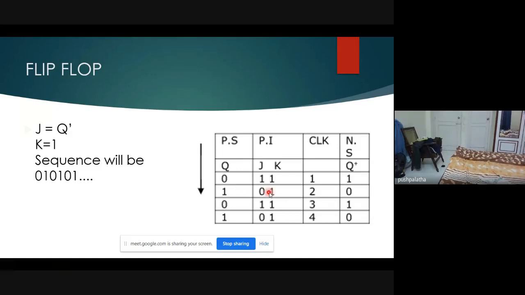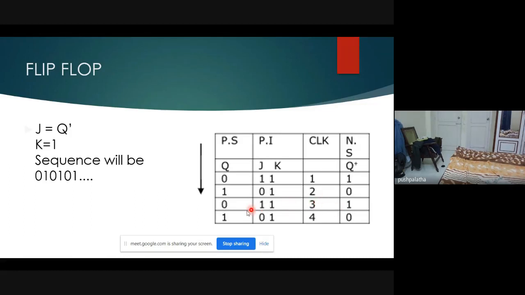In the case of J equal to 0, K equal to 1, it is reset only, so my next state is 0. Then this becomes the present state for Q, which is 0. My K is always 1, and my J value is equal to Q bar.